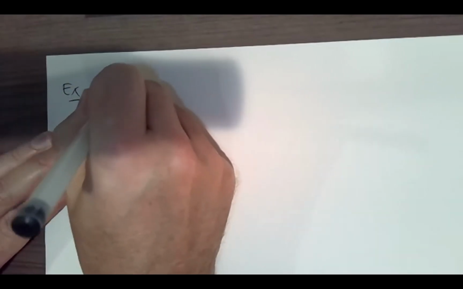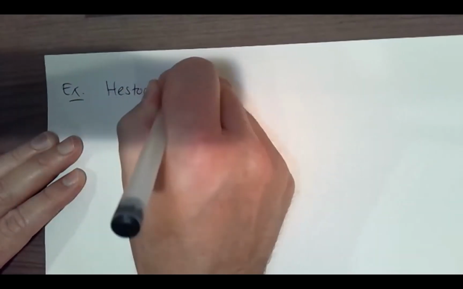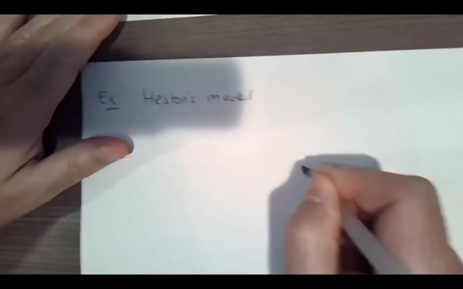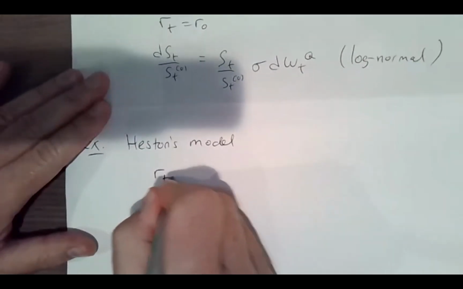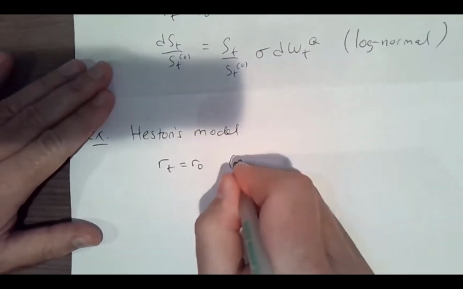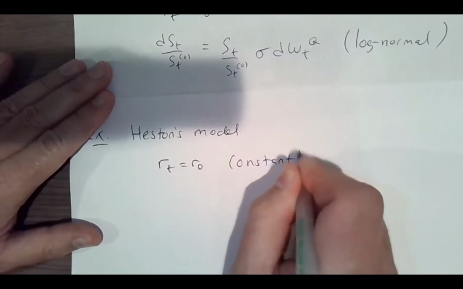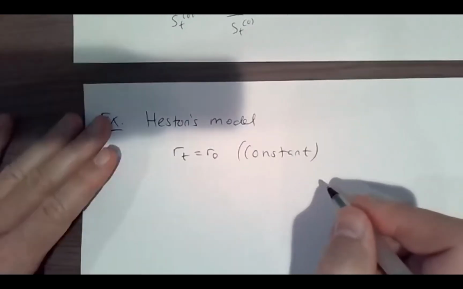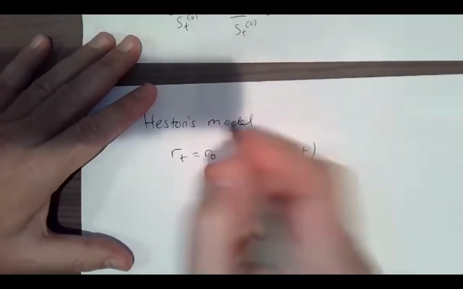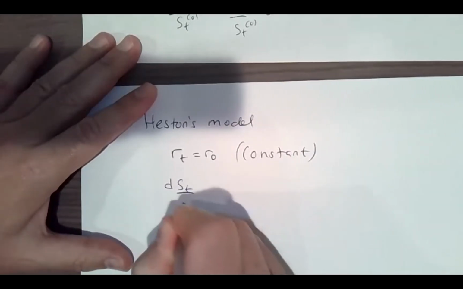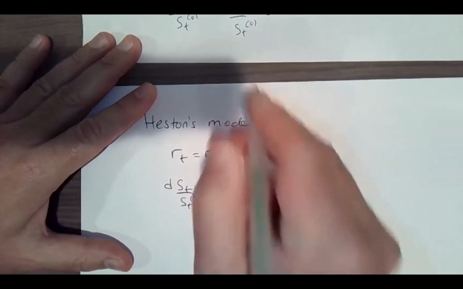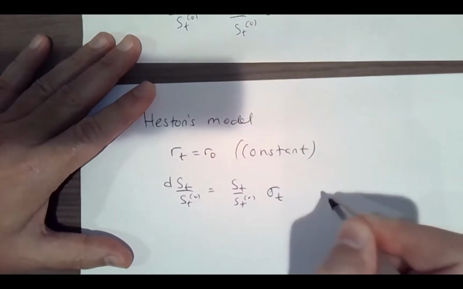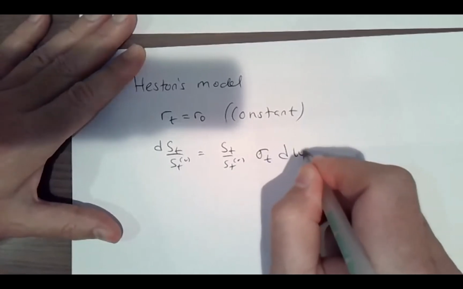The next one is Heston's model. Again, just like in Black-Scholes, you take the interest rate just to be a constant. And then the new thing is, your discounted stock price will be, instead of sigma, there'll be a sigma t here, and then there'll be a dwtq.